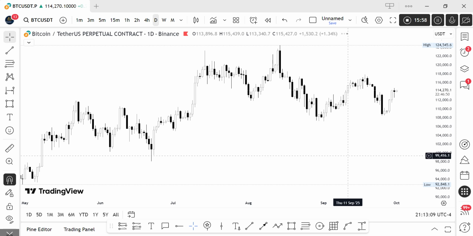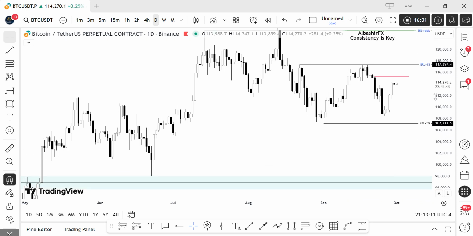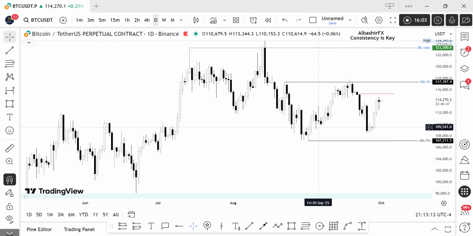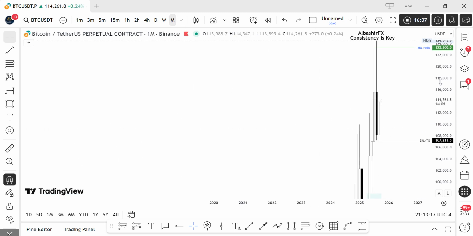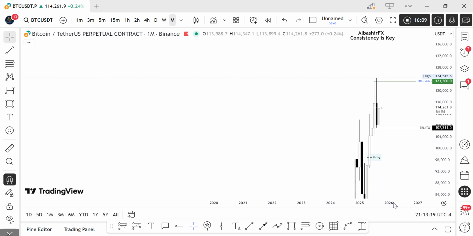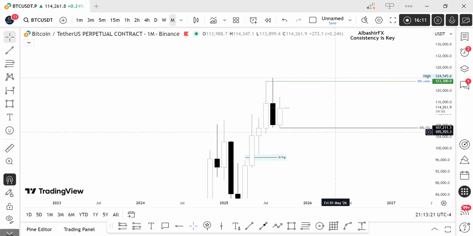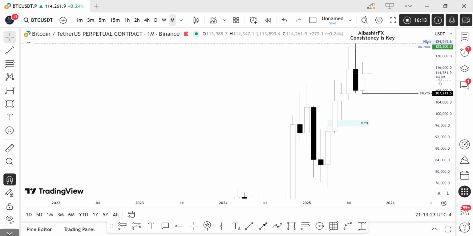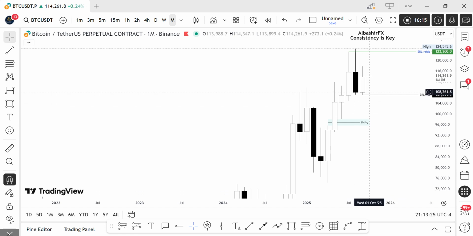So let's scope it with Bitcoin. As we know, I've called out Bitcoin to be at lower prices, but we see how Bitcoin closed on the monthly, and this is indicating strength. There is no weakness in Bitcoin, especially on the monthly close.